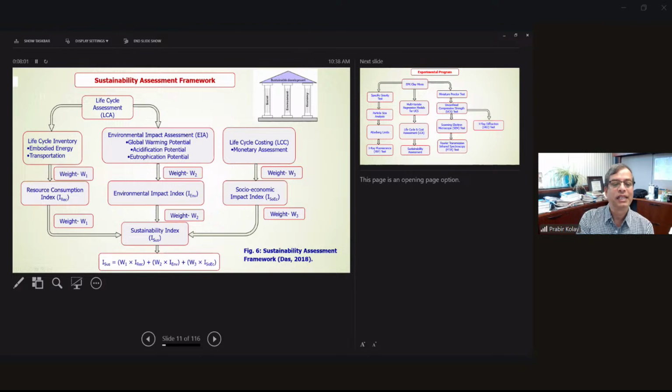And then also we did the sustainability assessment, again the life cycle cost assessment. We used embodied energy, environmental impact, life cycle costing, all these things, and then three indices to find out the sustainability index: resource consumption index, environmental impact index, and socioeconomic impact index. We used standard data, but there are different software packages you can use, SimaPro and others, to calculate all the sustainability indices.